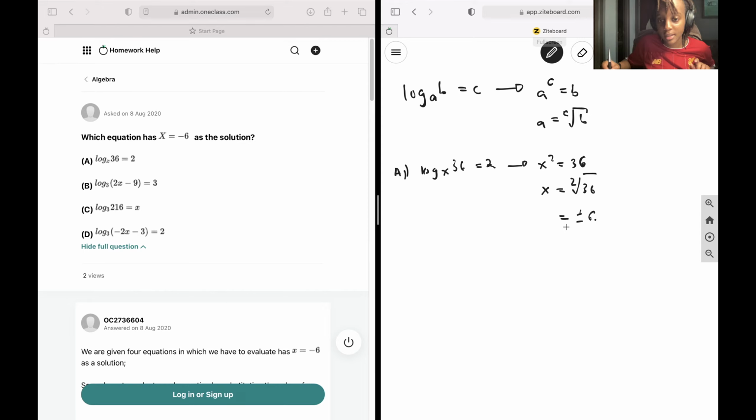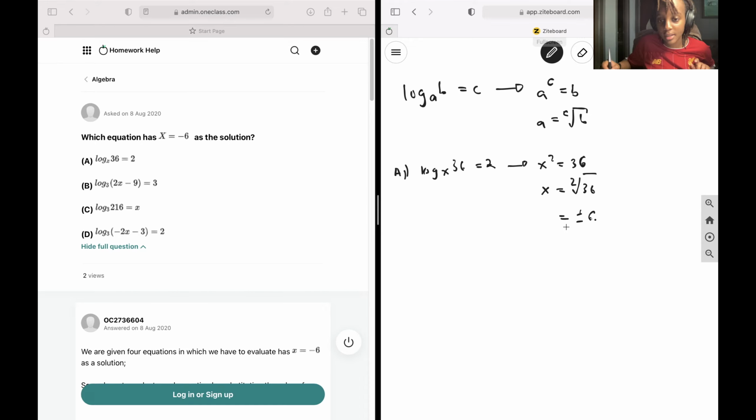So log base 3 of 2x minus 9 equals 3. That becomes, you just pump the base over there, 3 cubed is equal to 2x minus 9. And that becomes 27 is equal to 2x minus 9.